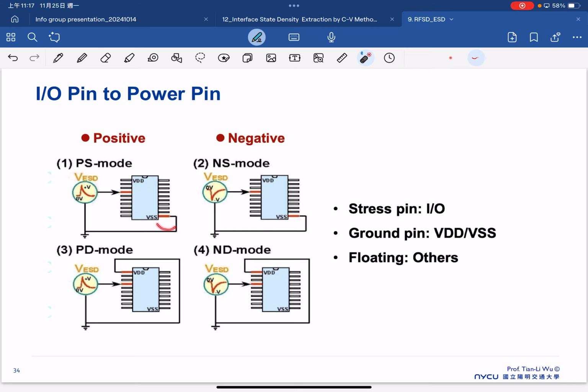We ground 1 pin, and we apply ESD to the 1 pin. So this is the positive. And also this is a pin to the ground, and also this is a pin to the VDD. So we consider the ESD between this and this.